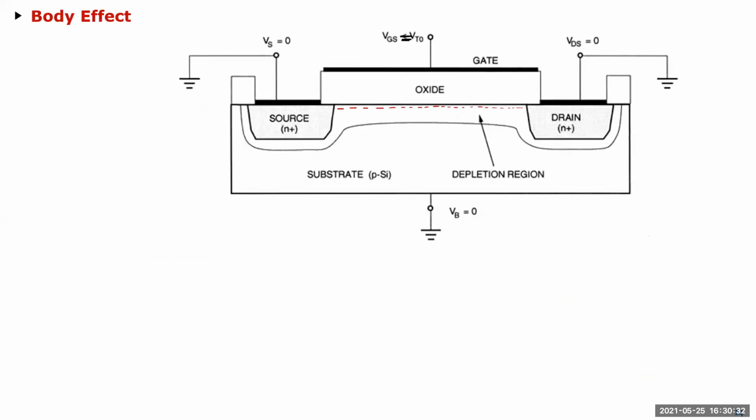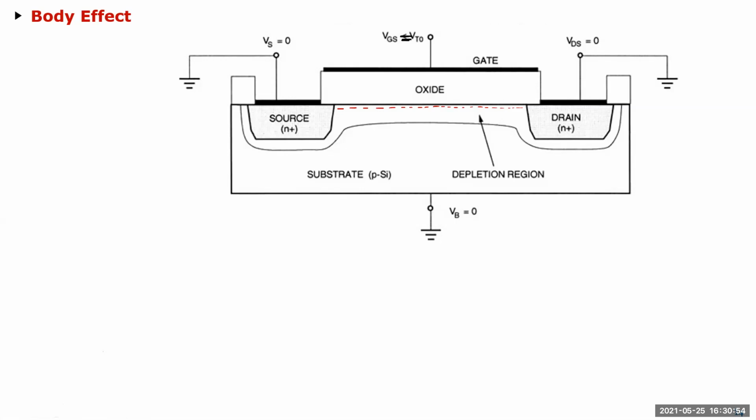So as I said, now that you have a channel, you can apply N plus region here, and that's how you create your NMOS device, right? You attach two semiconductor areas with a lot of electrons in them, majority carriers.